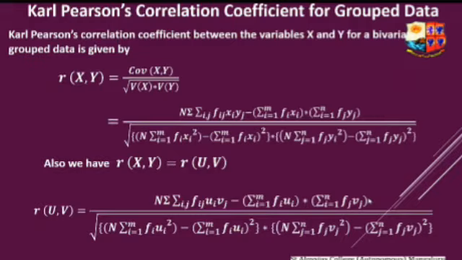Now you have frequencies, so it is summation Fi Xi into summation Fj Yj. The denominator quantity you can see in the PPT, because already we have seen it for bivariate raw data, but here F is there. That you will understand while going through the problems.